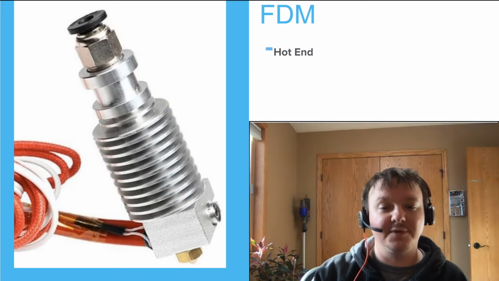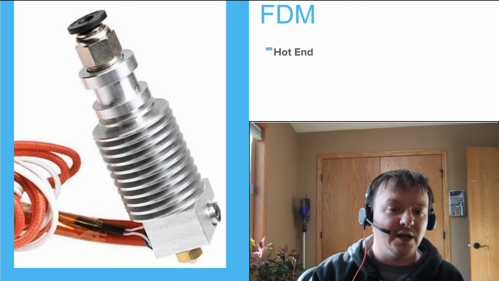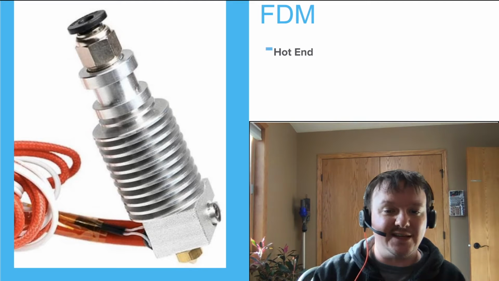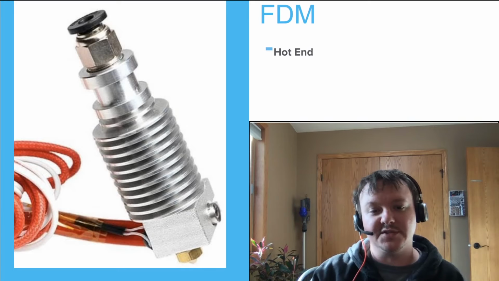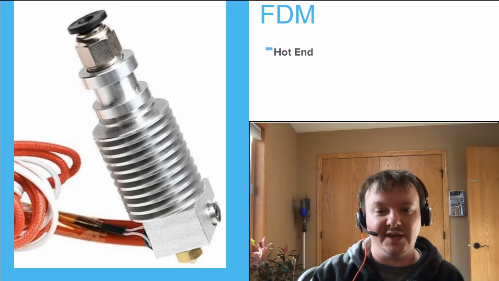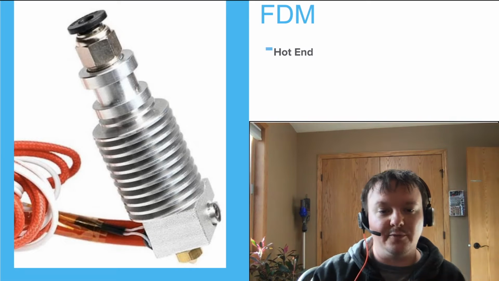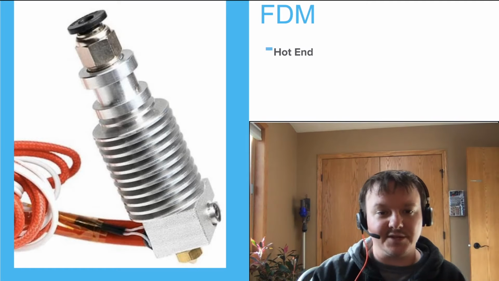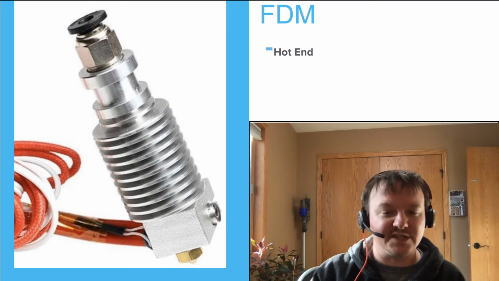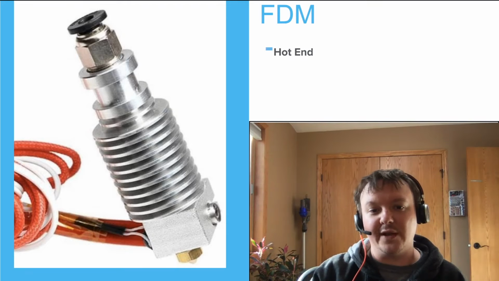Above the little brass bit is what's called the heat block. It contains the heater element, and this is just a DC, usually 24 volt, some of them are 12, heater. So it's resistive. You put power in, you get heat out. Next to it will be a thermistor, which basically tells the printer how hot the heat block is. Above it, that big ribbed section, that is the heat break.